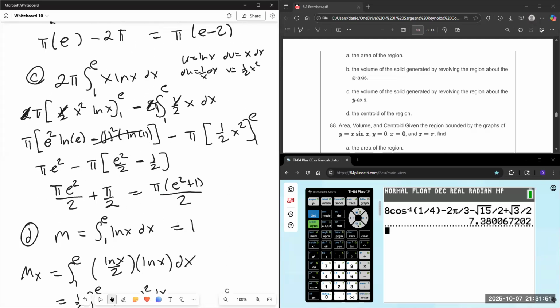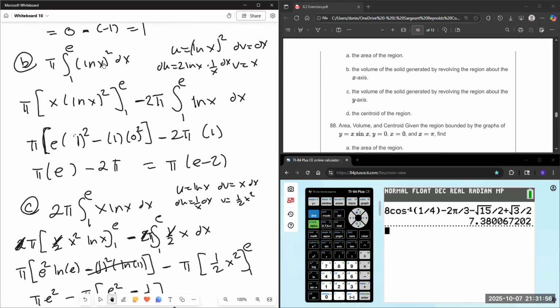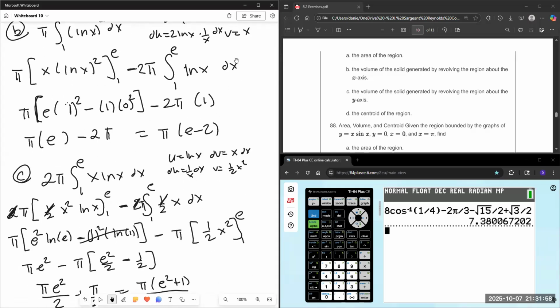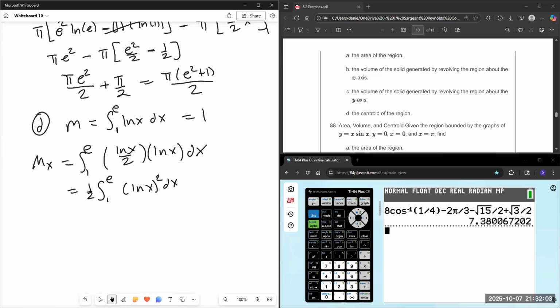So let me come back up here to b. So I had pi in front of this. So if I fix this to say 2 m sub x times pi is equal to pi times the integral from 1 to e of ln of x squared dx, I have my answer from part B, that this is pi times e minus 2.